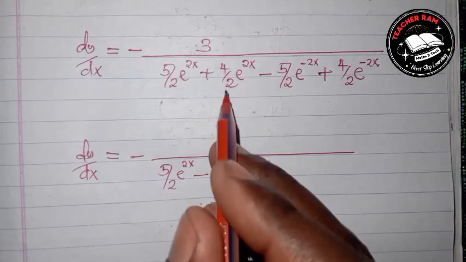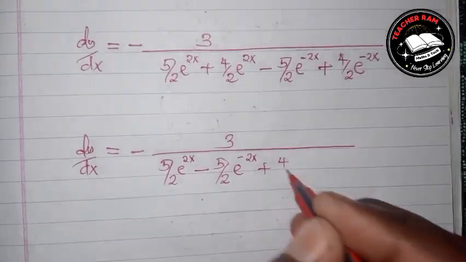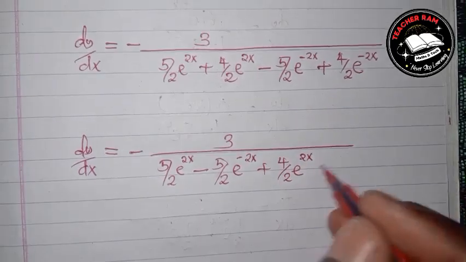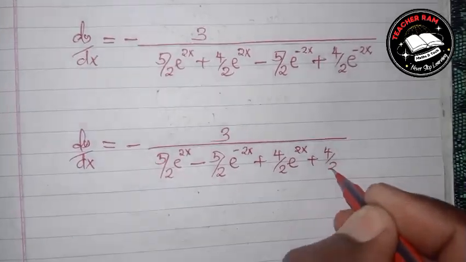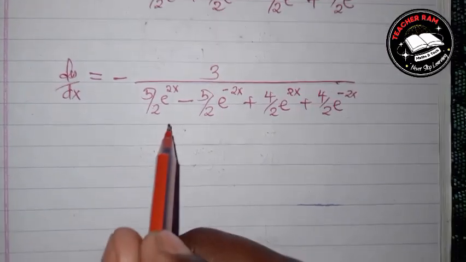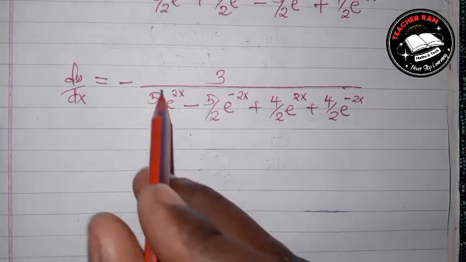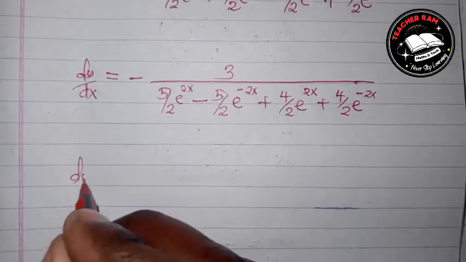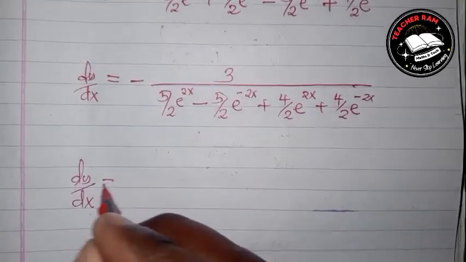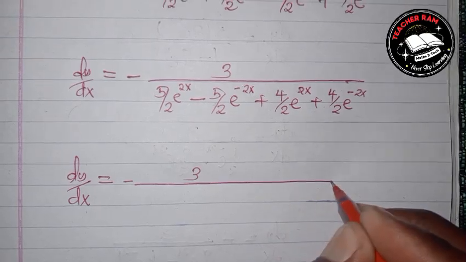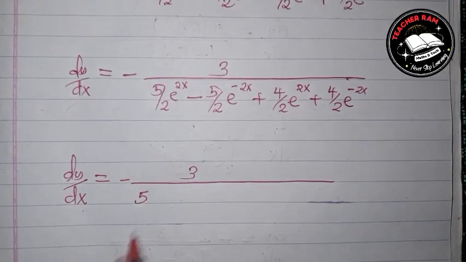And again taking this one positive, plus 4 over 2 e power positive 2x, then plus 4 over 2 e power negative 2x. After that, we're going to take common 5 and 5. So the derivative of y with respect to x will be equal to negative 3 divided by, here 5 is common.